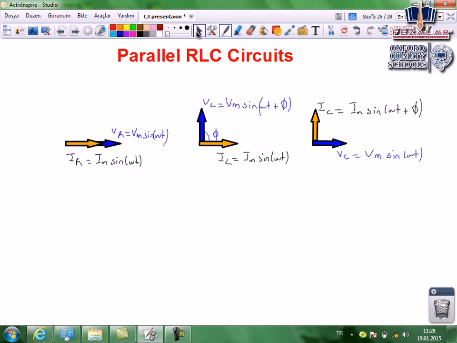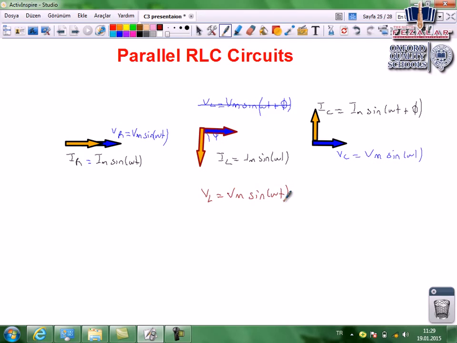So I want to rotate. Now, as you see, we are on the x-axis. I will rotate this phasor diagram and align VL on the x-axis. That means I must change the formulas of IL and IC. Now VL is on the x-axis, so I will write VL equals Vm sine omega t.